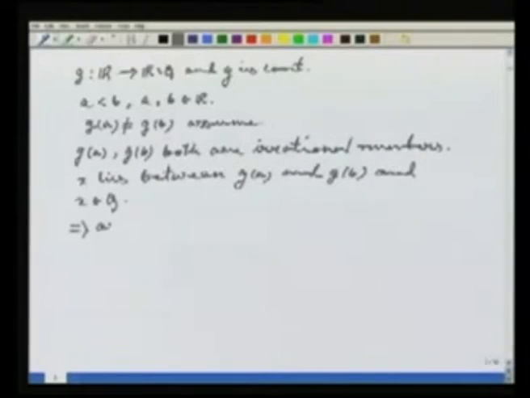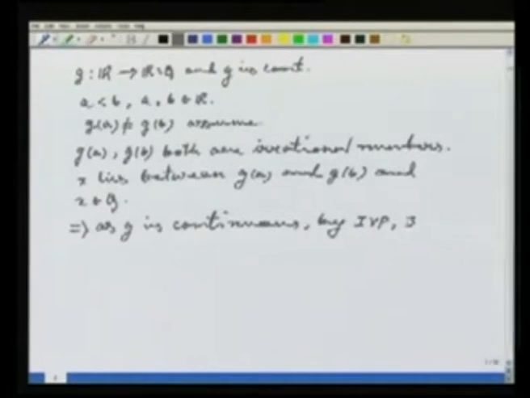By the intermediate value property, as g is continuous, by the intermediate value property, which I will write as IVP, there exists y in R such that g(y) is equal to x.